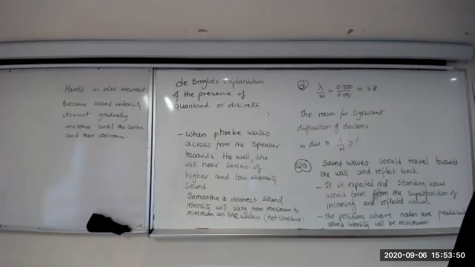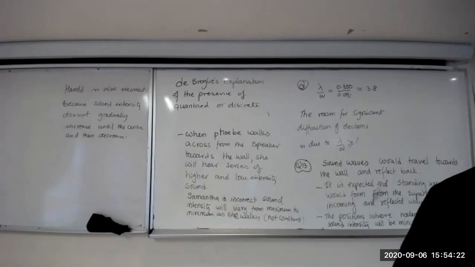Phoebe walks in the region in front of the speakers and experiences a variation in sound intensity. At some positions she experienced a high intensity of sound, and at other positions a low intensity. At position X she experienced a high intensity of sound, and at point Y she experienced low intensity. Now, position X, if you look at it, is in the middle.